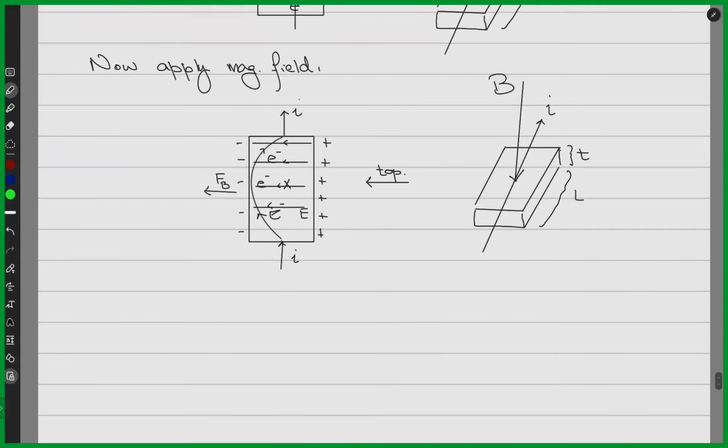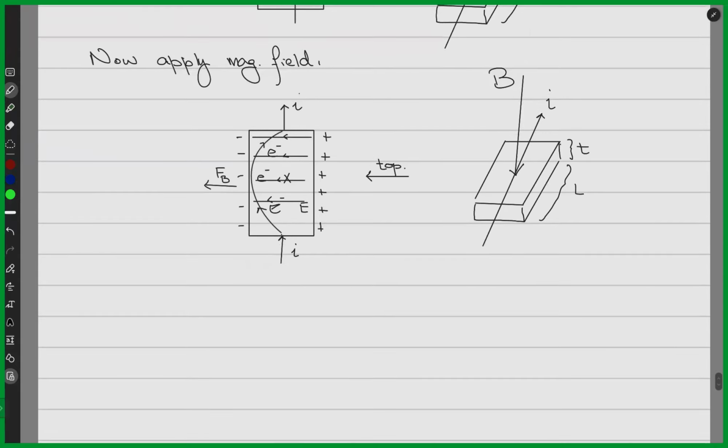So if there is an electric field induced in this way, we know that there will be some potential difference across this conductor, as in some potential at this point and some potential at this point. Let's call this V plus, and this is V minus. So there is a net potential difference between these two sides.